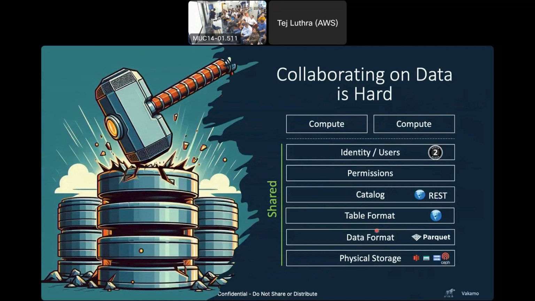So, almost done. Collaboration on data, as I said before, is hard. Now we have filled up our stack finally completely. And these last two layers, permission management across engines and identity across engines, is something that has been missing for a long time in the data ecosystem, right? And especially in open source tools.